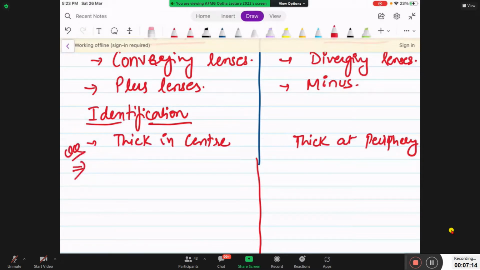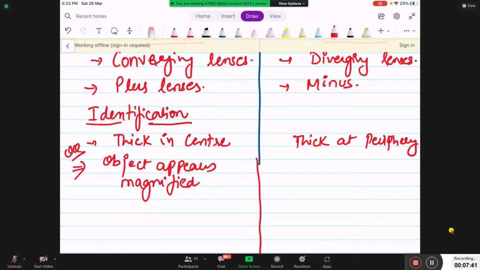Because convex lenses are plus lenses, if you see an object through these plus lenses, that object appears magnified than normal. How will you remember that convex is magnified? Because convex is plus, so it will magnify.